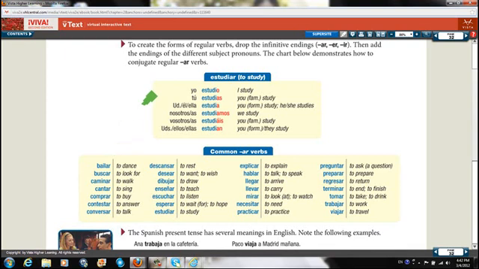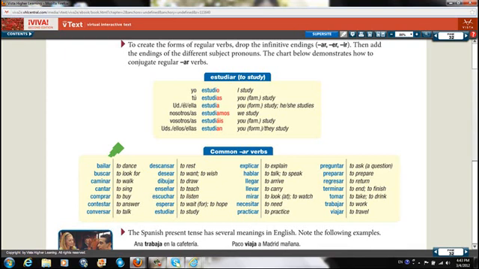Well, let's see, how would I do that? First, I have to find the you, the usted, and then take off the AR, of course. And what's the usted ending? Ah, usted baila. Muy bien, señor. You dance very well. Sir, usted baila muy bien.